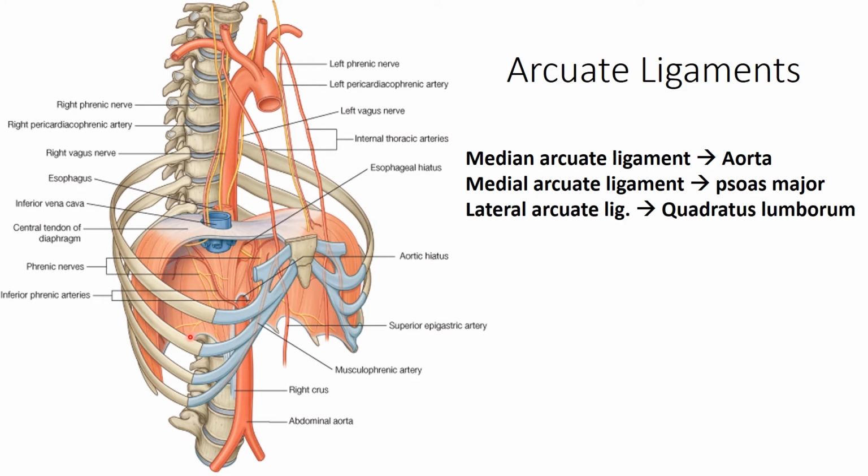And third is the lateral arcuate ligament, which is overlying the quadratus lumborum muscle, and it is medially connected to the anterior surface of the transverse process of L1 on both sides. It is laterally connected to the inferior margin of the 12th rib up to its tip. So they are the median arcuate ligament in the midline, just lateral to this the medial arcuate ligament, and more laterally the lateral arcuate ligament.